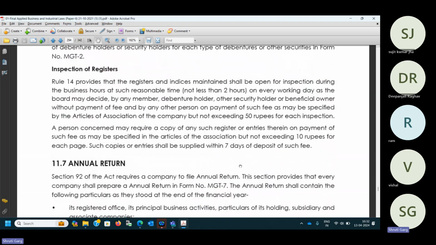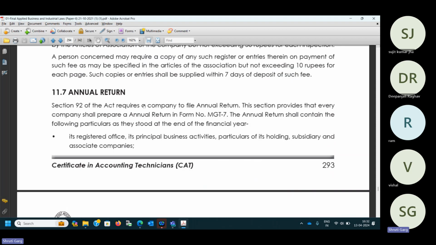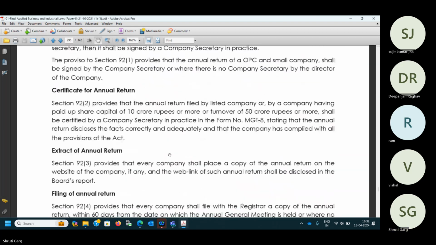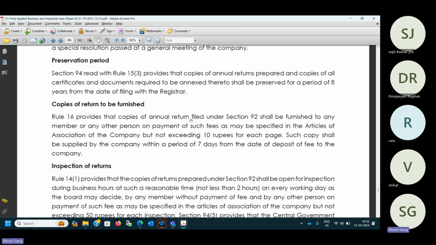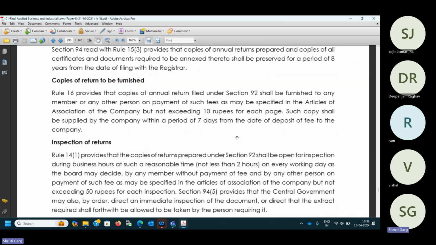This inspection of registers. The same thing is applicable to the inspection of returns also. Clear? Same provision will be applicable to the returns also.